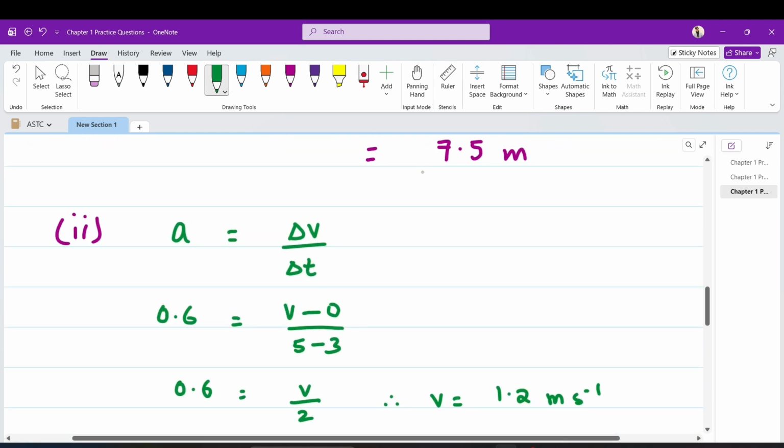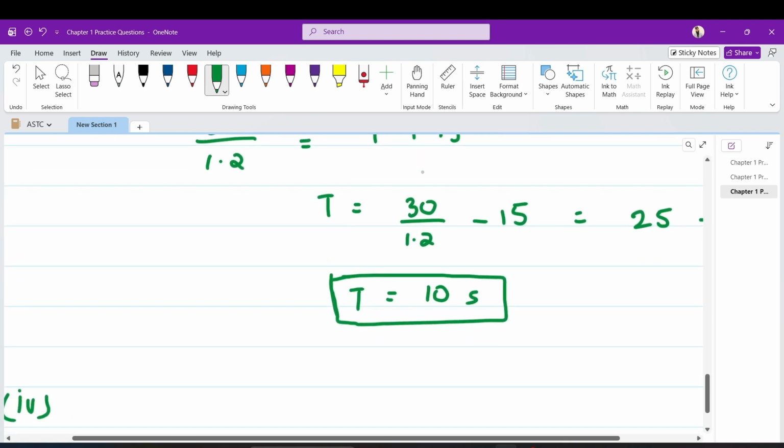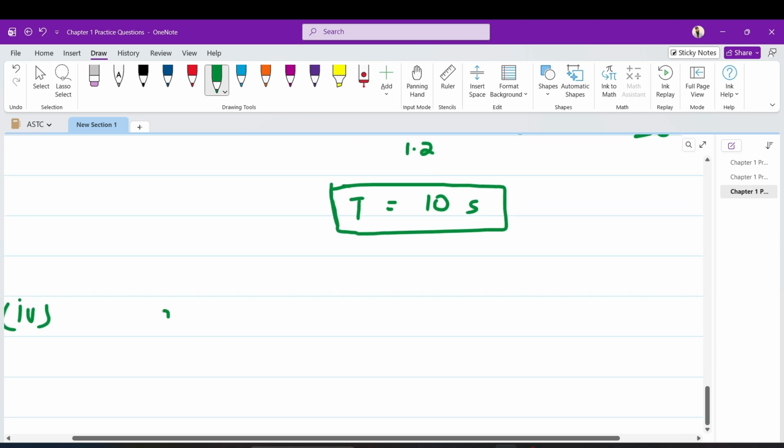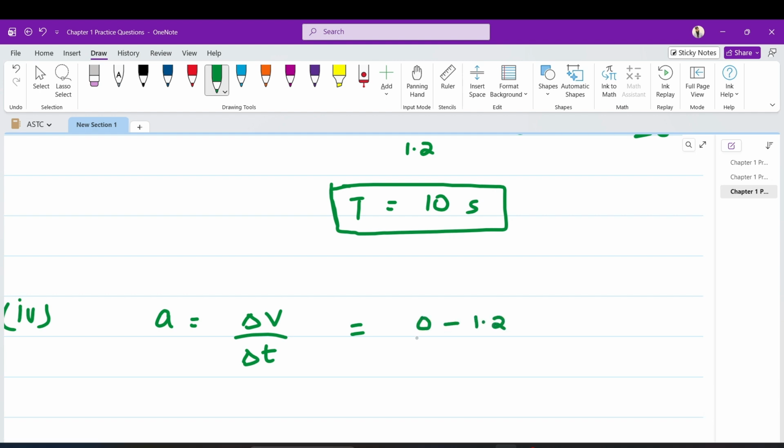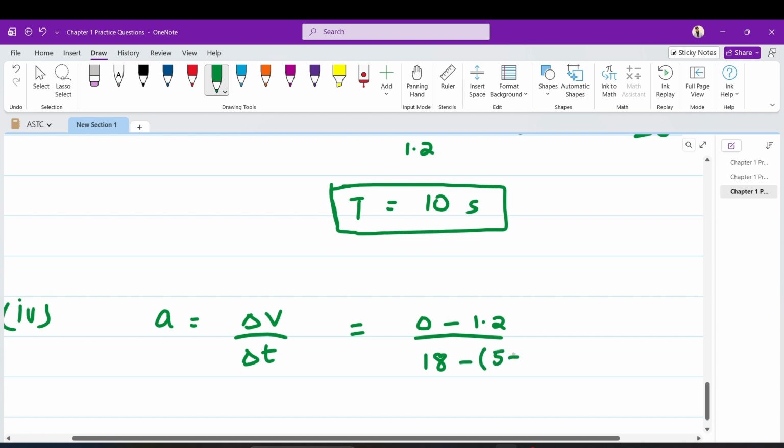Here we can use the same formula: change in velocity divided by change in time. So this will be 0 minus 1.2 over 18 minus 5 plus t, and t was 10.